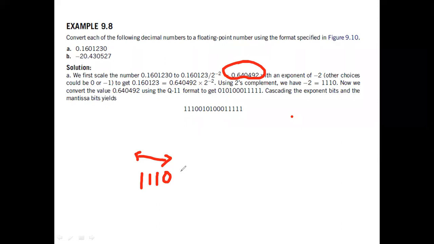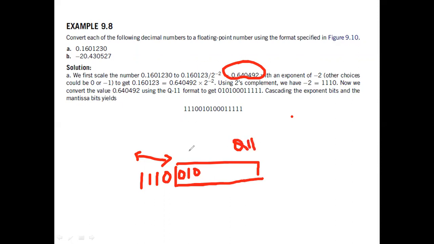Since the number is positive, the sign bit is 0, then the remaining bits, as we have done earlier, 0.64 times 2 gives an MSB of 1, the remaining 0.4 then gives 0, and so on. The remaining 12 bits will adhere to Q11 notation, with this particular bit indicating the sign of the mantissa, whereas this particular bit indicates the sign of the exponent.